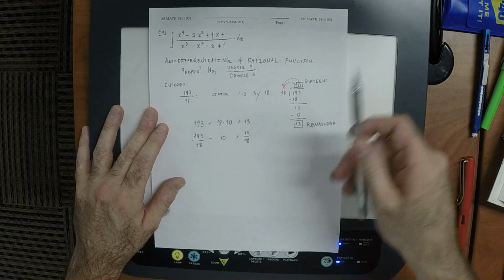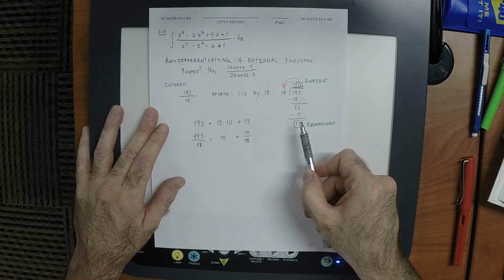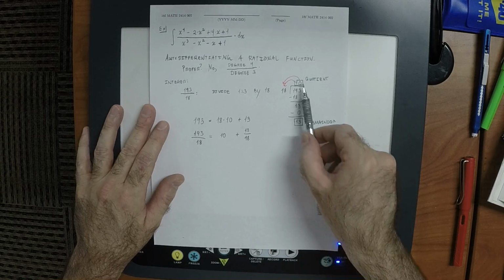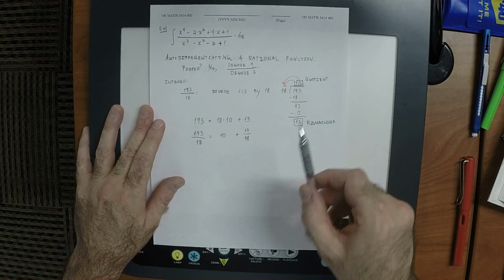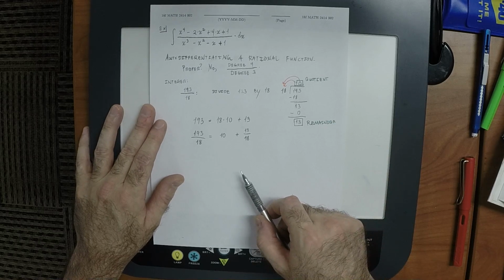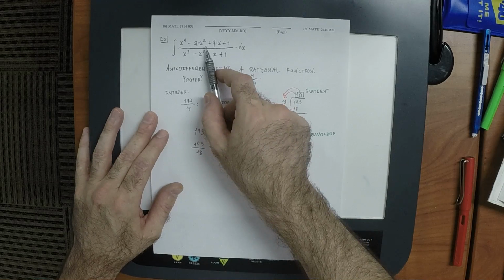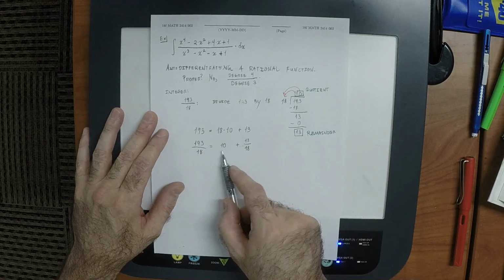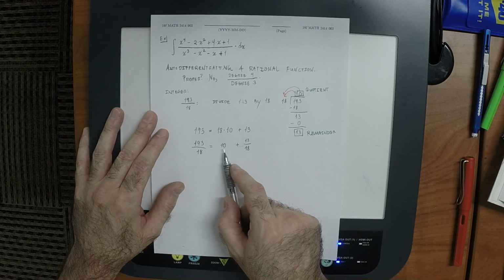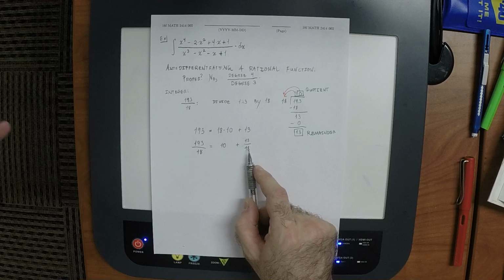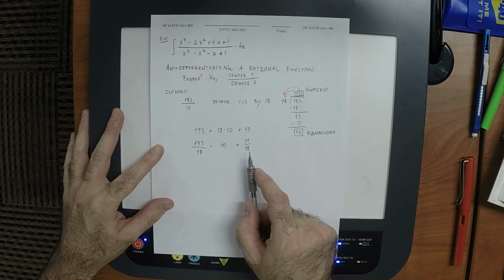We're going to perform a procedure just like this, and the output is going to be two polynomials, one of which is the quotient, the other the remainder, and the result tells us how to represent this improper rational function as the sum of a polynomial plus another rational function, and this new rational function will be proper. Okay?